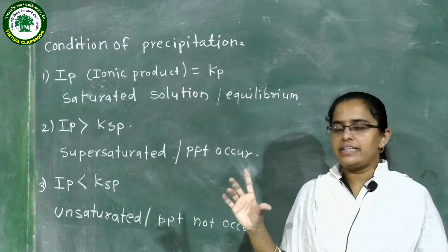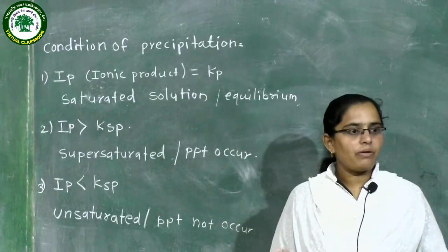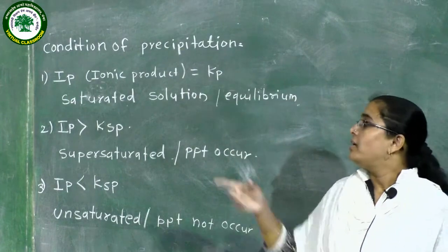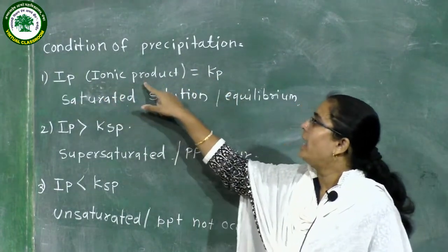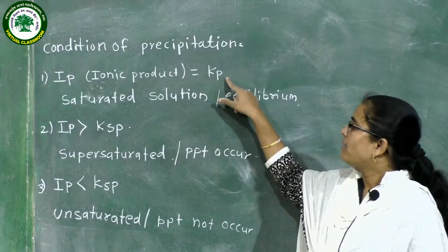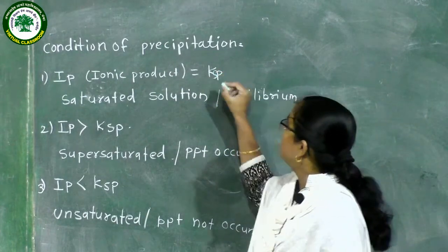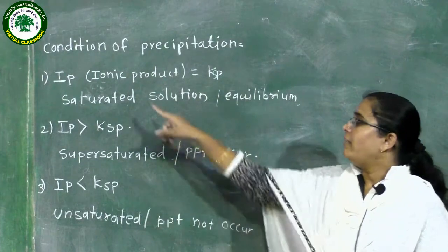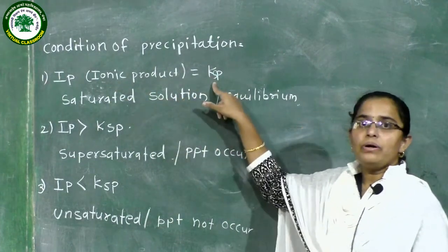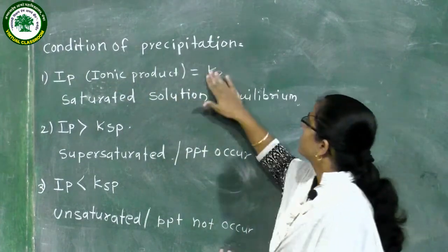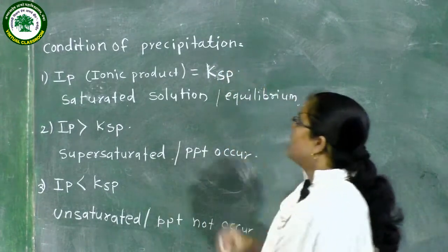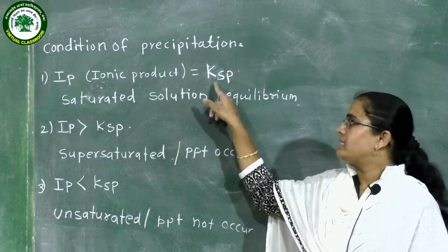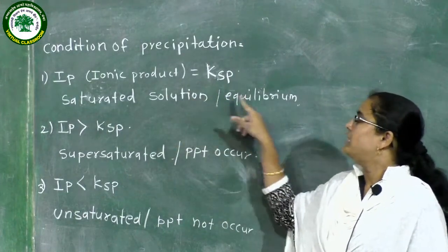We observe a test tube and say PPT is formed or PPT is not observed. Here we consider two products: IP is called ionic product and KSP is called solubility product. When IP is equal to KSP, a saturated solution is formed.